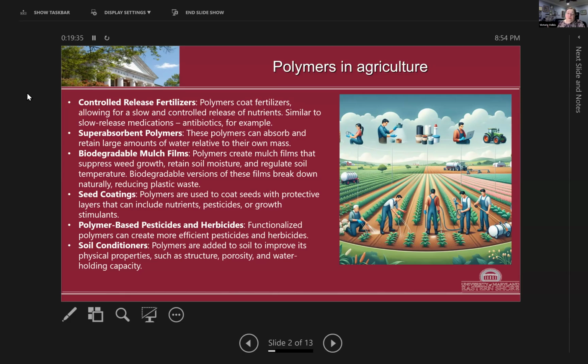That increases the cost for farmers because they need to put in way more seeds than what they expect to harvest at the end. So one way to help seeds survive is to coat them with biodegradable plastics. Those coverings may also include some nutrients that the seed needs to survive and some pesticides that will protect the seed from pests.